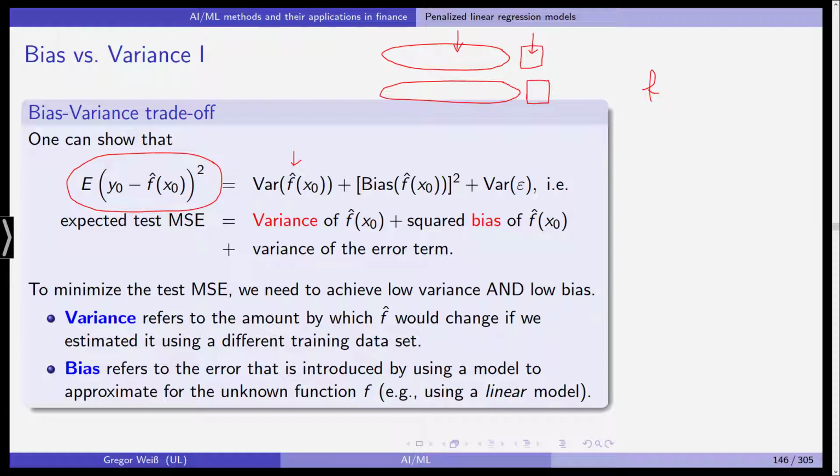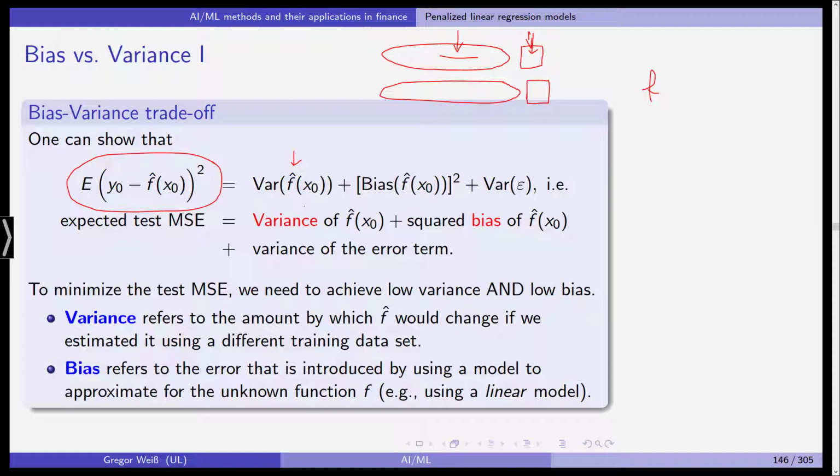So if we have this training data sample, what error is introduced by the fact that we're using the assumption, for example in OLS, but also in ridge regression, that we're using a linear model to estimate f? So that's the bias.